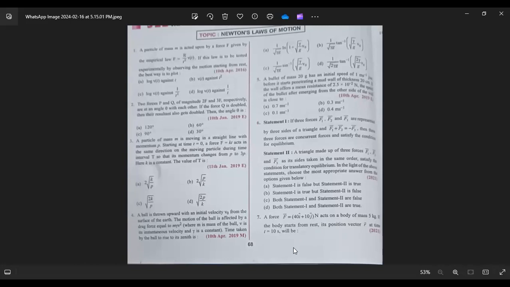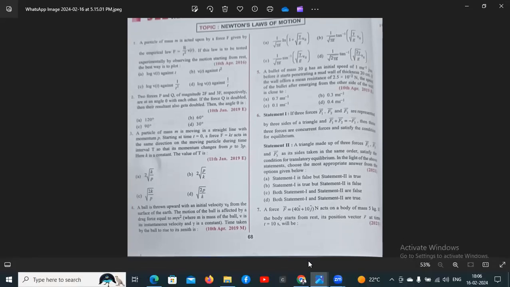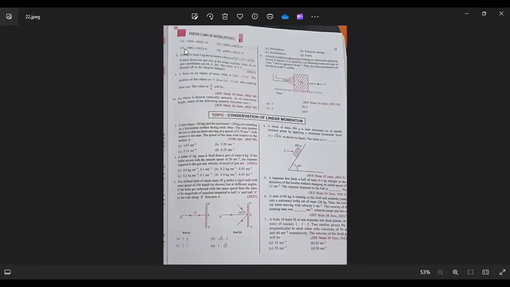If the body starts from rest, find the position vector r at time t equal to 10 seconds. After 10 seconds, you will give the answer A, B, C, or D.